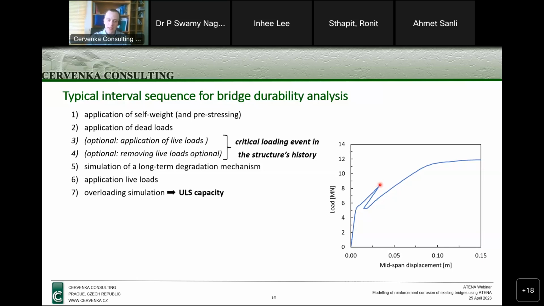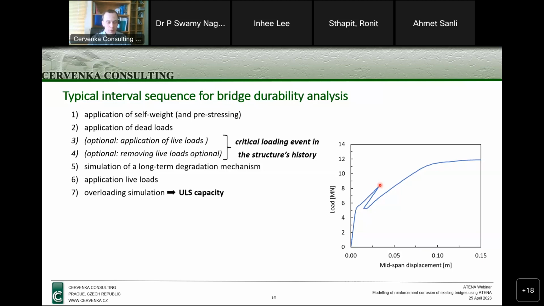However, if we apply the degradation mechanism at this state, the crack width at this load level will be used for calculation of the chloride diffusion. In some cases, it might be a safe estimation, let's say a conservative approach.